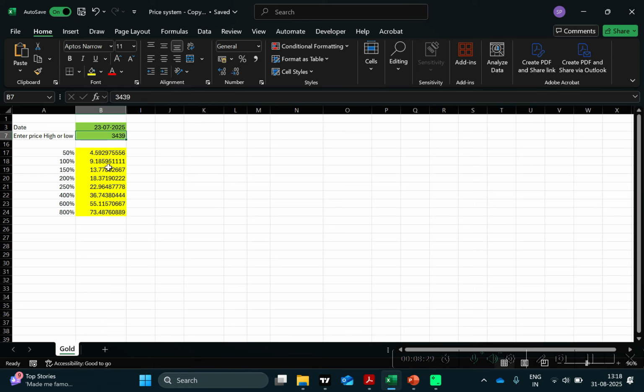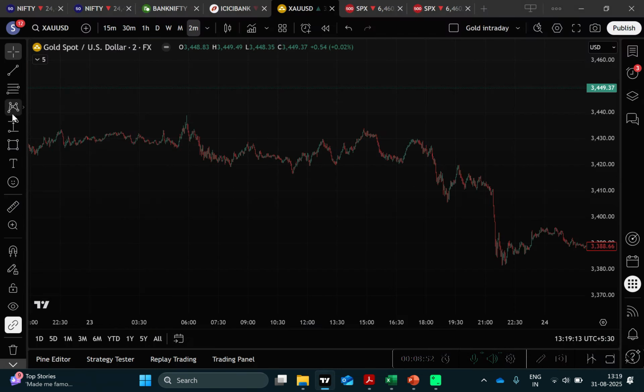So I am getting ranges something like this. We need something more than 18 or 20 because that's how gold moves every day. I have seen very rarely that it moves only 4 points or 9 points, so we need something which is tradable.